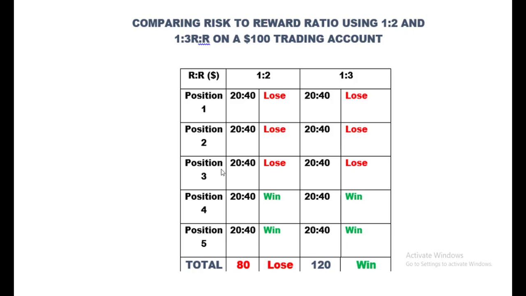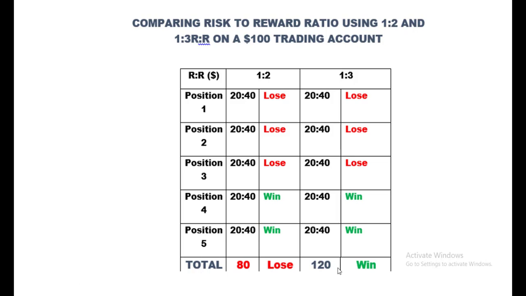So you could see both took the first position together, both of them lost. The second position, both of them lost. Likewise, the third position. So you see the fourth was a win, the fifth was a win. At the end of the day, the first trader with the 1:2 risk to reward ratio is at a loss, while the second trader with the 1:3 risk to reward ratio won.